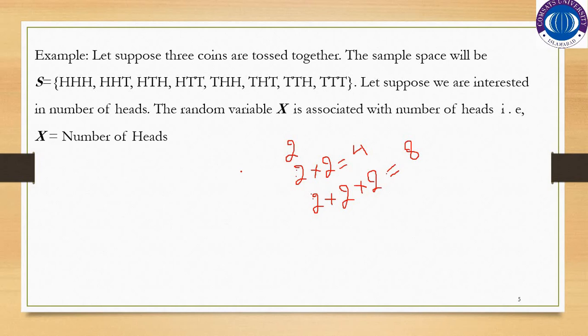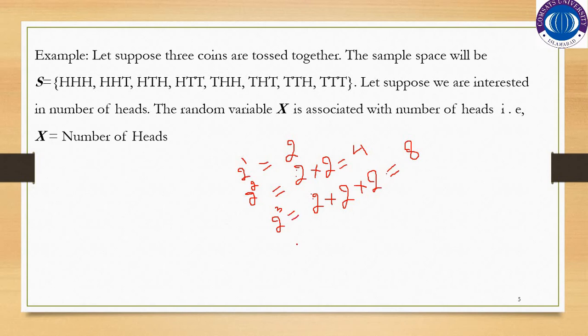So if we toss a coin 1 time, the possible outcomes in our sample space would be 2 raised to power 1. If we toss 2 coins together, the possible outcomes would be 2 raised to power 2. If we toss 3 coins, the possible outcomes would be 2 raised to power 3.